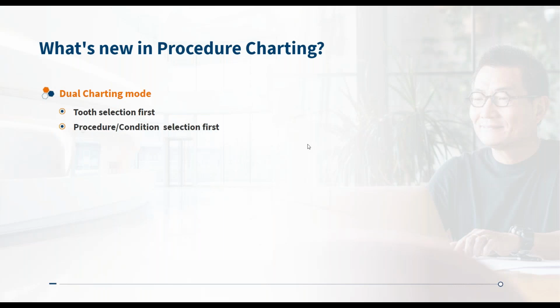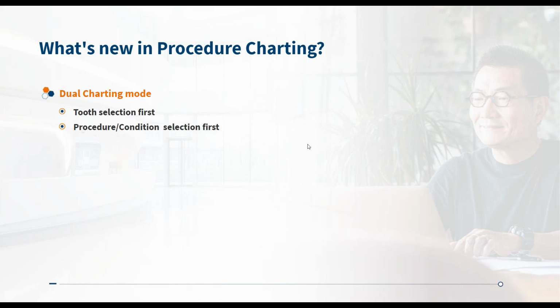The most recent addition to the dental procedure charting module is the dual charting mode. In the previous versions of IMS, what you could do was select the tooth first and then apply the procedures, both for tooth specific procedures and for procedures that were surface specific.